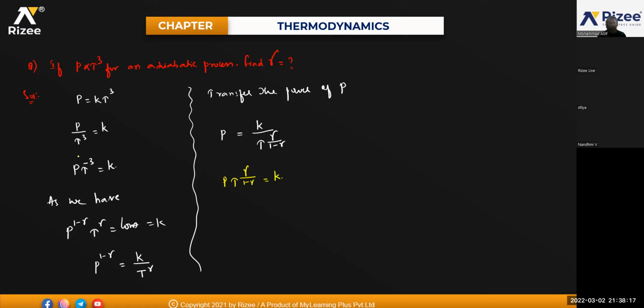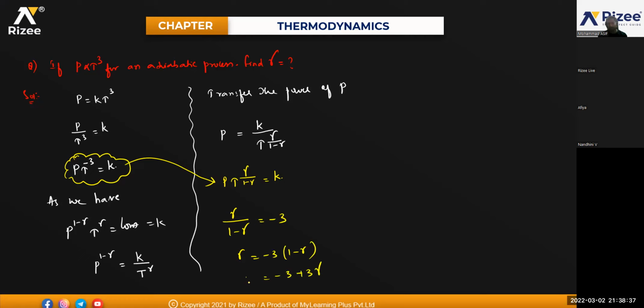Now compare this with the given relation. P is P, T is this one. So we get gamma divided by 1 minus gamma is equal to minus 3. So gamma is equal to minus 3 into 1 minus gamma, that is minus 3 plus 3 times gamma. Taking all the gamma terms on one side and simplifying, we get gamma is equal to 3 by 2.